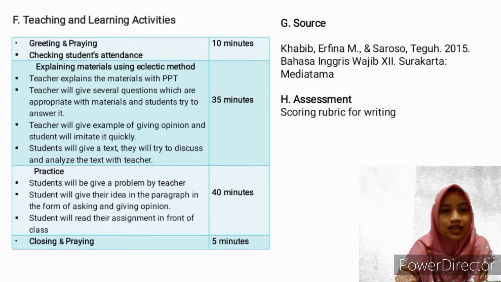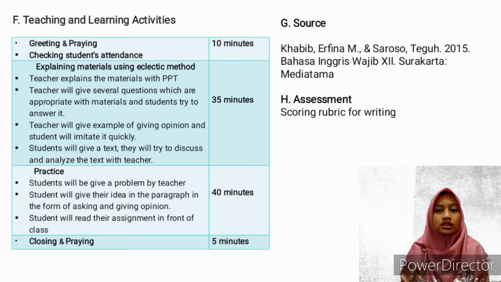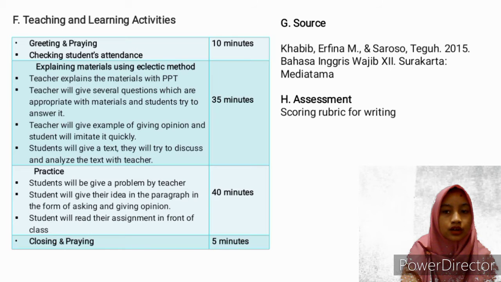First, the teacher will explain the material with the books, and then the teacher will give several questions after explaining. After that, the teacher will give examples of giving opinions, and students will imitate them quickly.